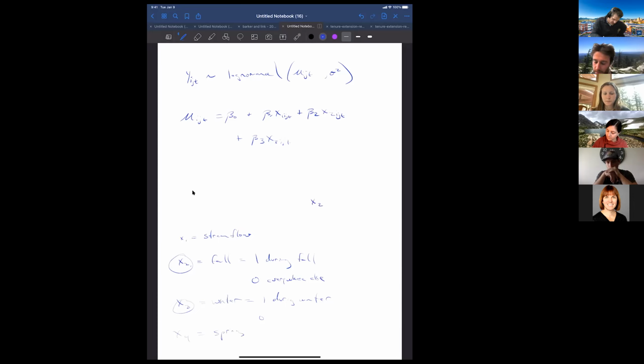So if we have x2, x3, x4, 0, 0, 0 is going to represent summer. 1, 0, 0 represents fall. 0, 1, 0 represents winter. And 0, 0, 1 represents spring. So this is binary coding that we can use to represent seasonality. And then stream flow is always going to be in there as long as stream flow is not 0.